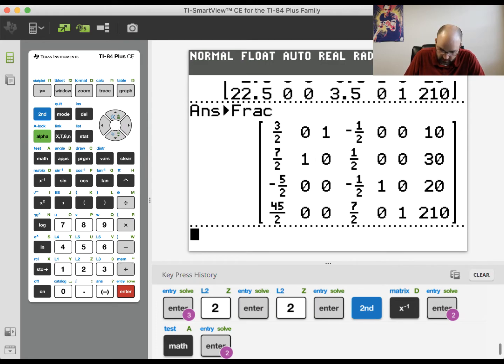Then we had 1, 0, 0, 0, -1/2, 1/2, -1/2, 7 halves, 0, 0, 1, 0, 0, 0, 0, 1, and 10, 30, 20, 210.